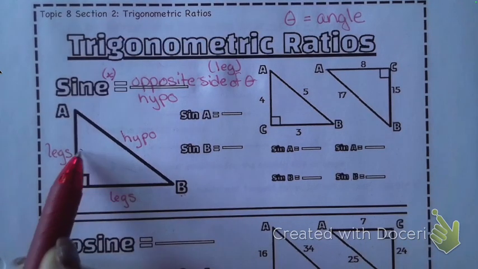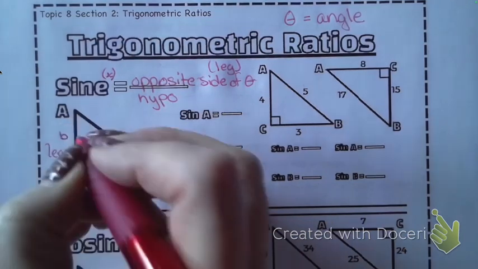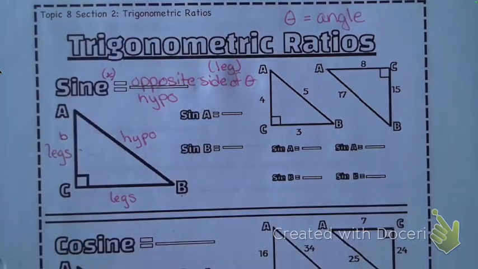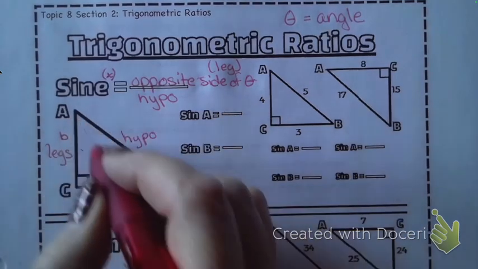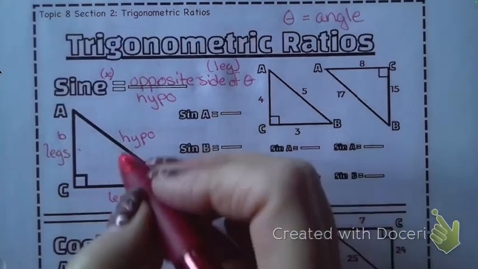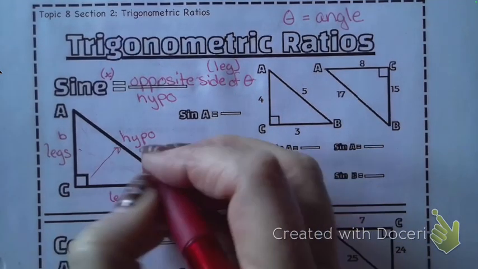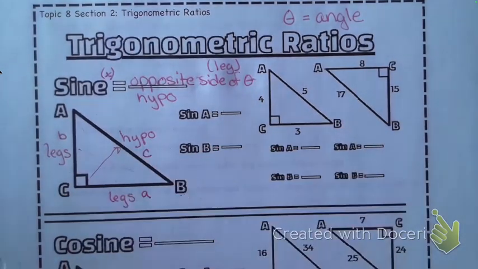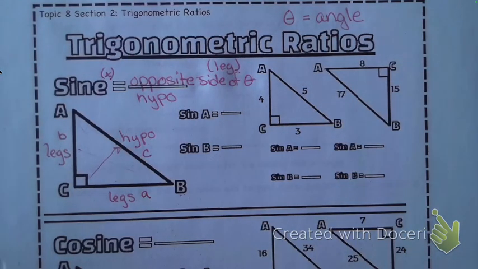Not the angle, the side. This would be side B, lowercase b. Remember, sides are lowercase, angles are uppercase. What's opposite of A? Side A. What's opposite of C? Side C. We did that with Pythagorean theorem, but I didn't put angles and sides together, did I?